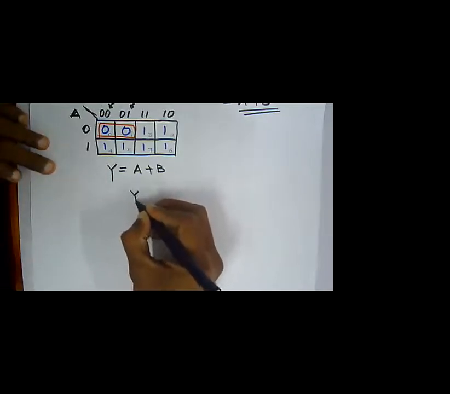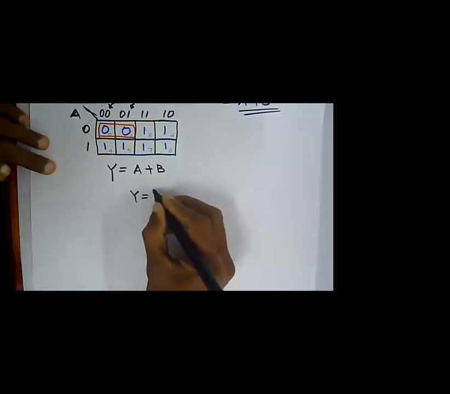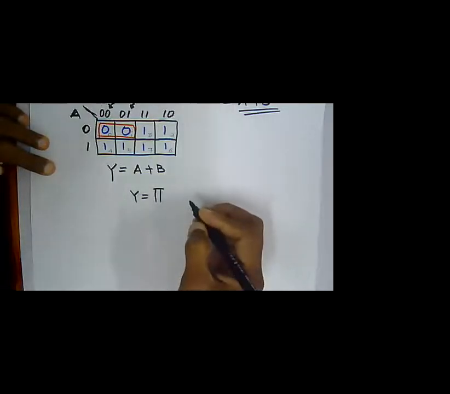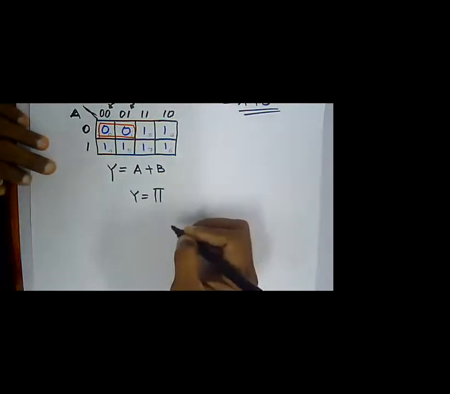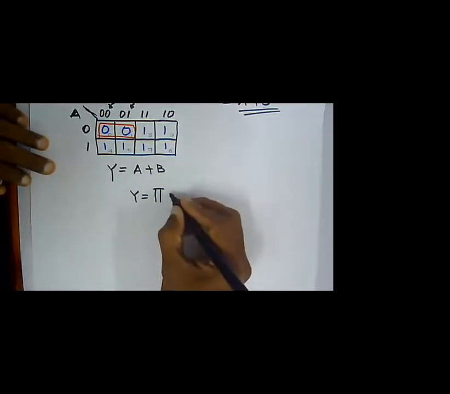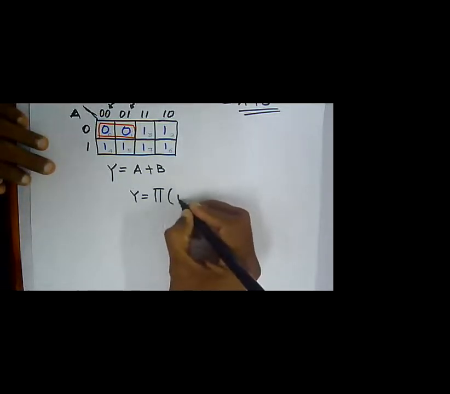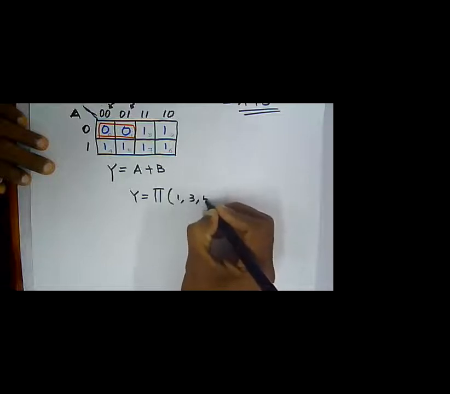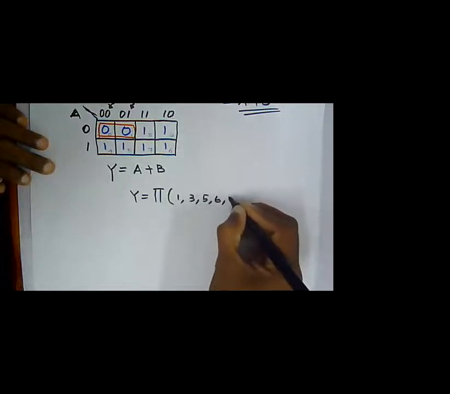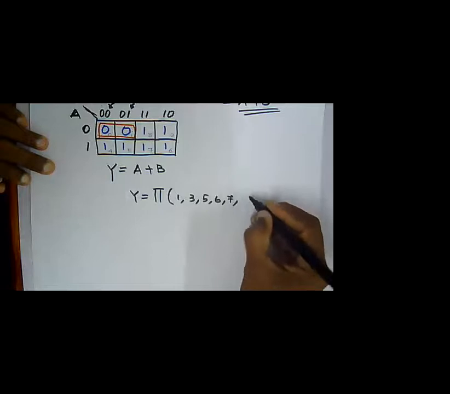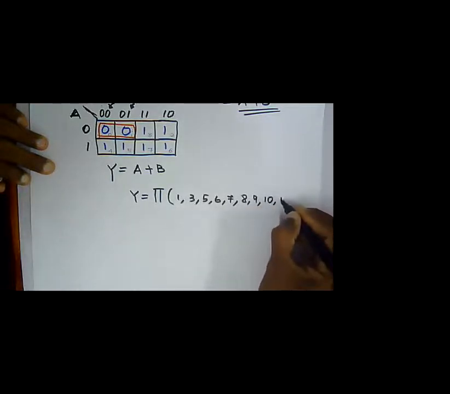If you have y in POS, we will be writing this as phi of, because we are going to write it as multipliers. So phi of 1, 3, 5, 6, 7, 8, 9, 10, 11, 12.